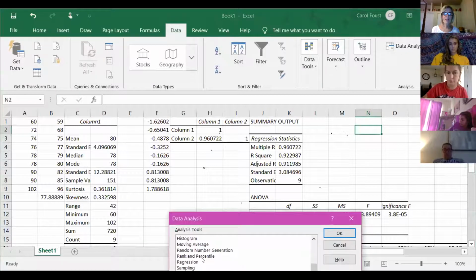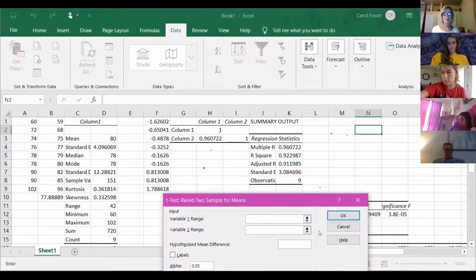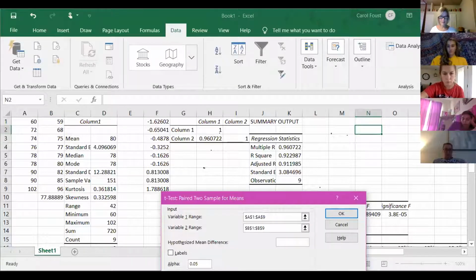So I'm going to go in and find the dependent paired. Remember, the dependent is the paired 2-sample mean. My variable 1 is here. My variable 2 is here. I'm going to put this in N1.